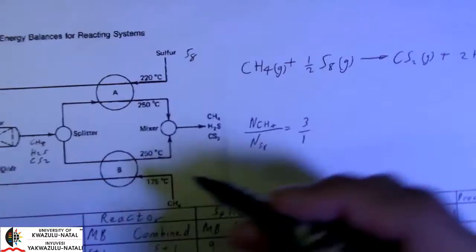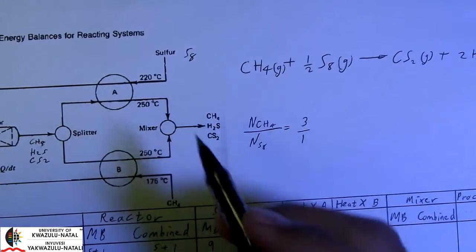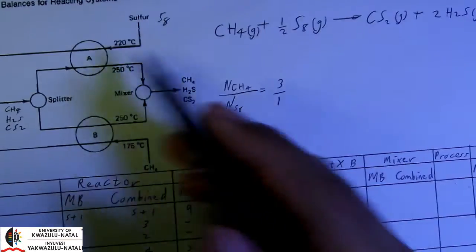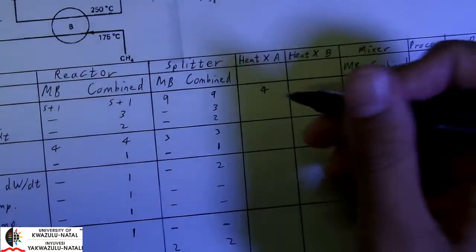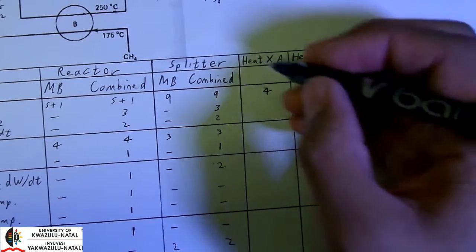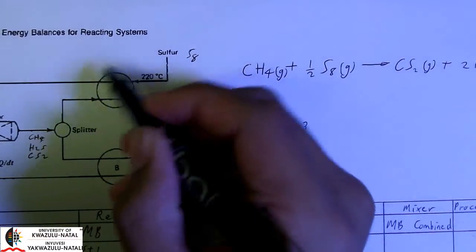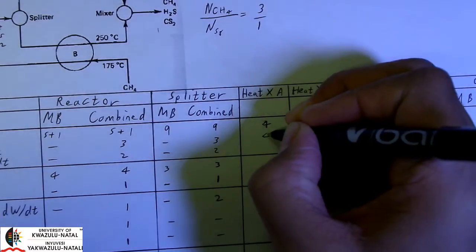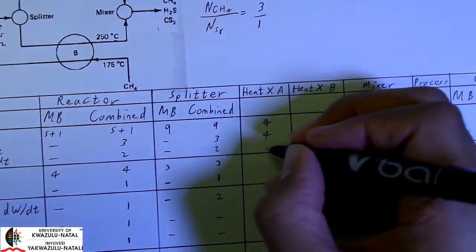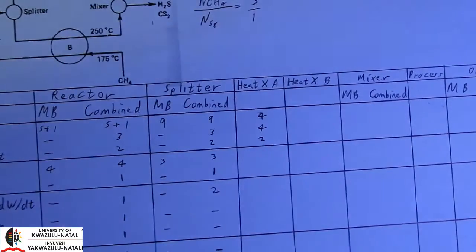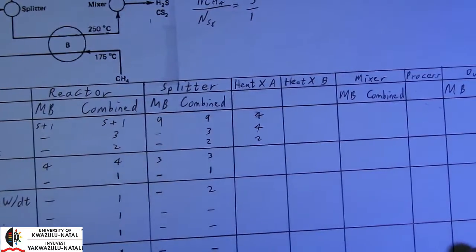So just pay careful attention and try to wrap your head around this. Okay, so that's 4. There are 4 streams here, each of them will have a temperature. So we have 4 temperatures, and dQ/dt and dW/dt are also variables.